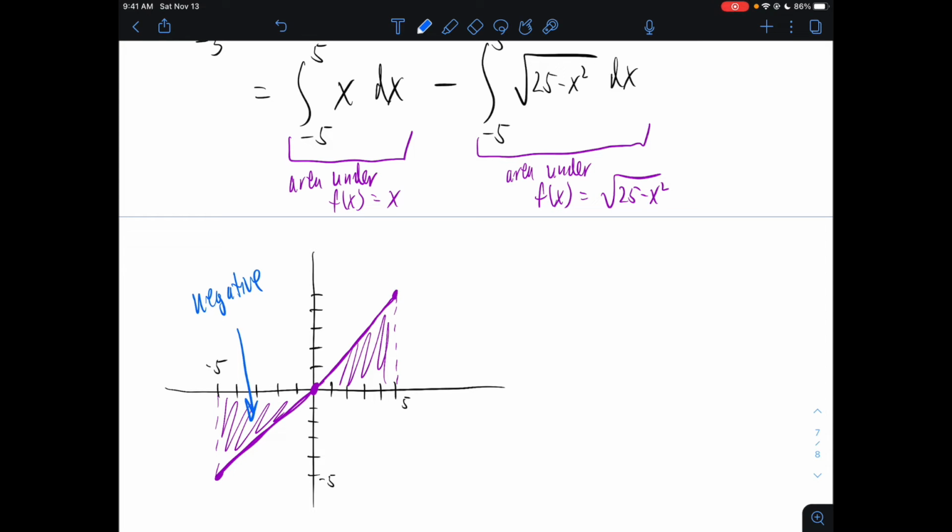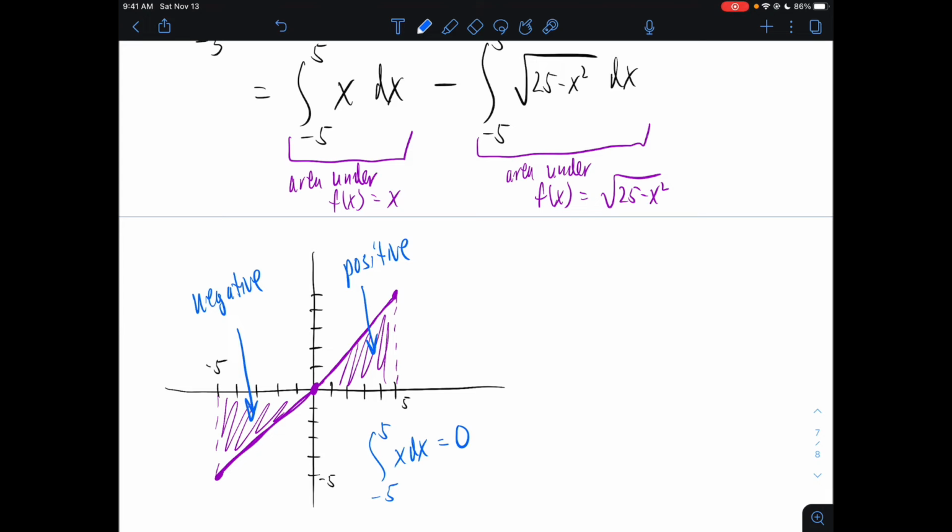What happens when you get their total area, because that's what the integral is standing for, the total area over this whole interval, we'd get 0. So in fact, that's equal to 0, the first part of this.